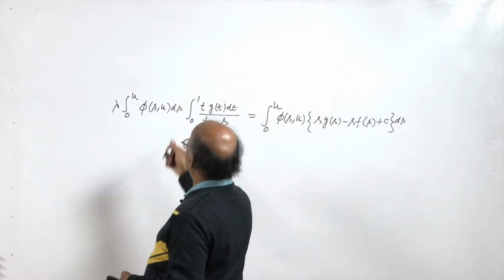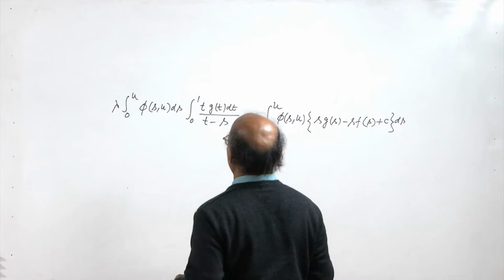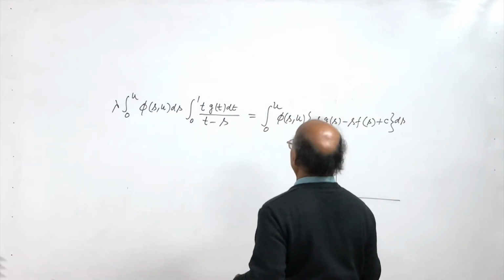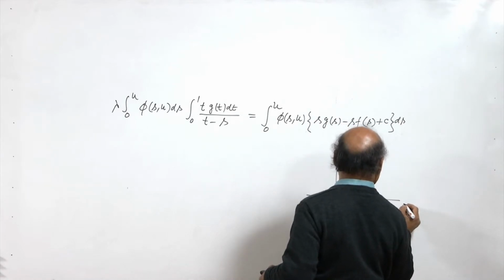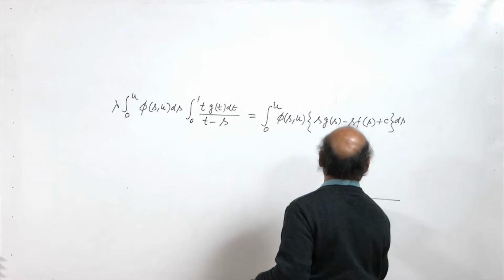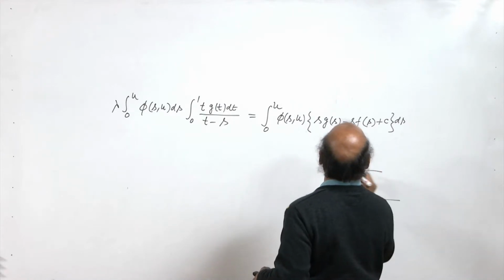So we want to change the order of integration in the left hand side. So let us see, t varies from 0 to 1. So this is t equal to 0, this is t equal to 1.